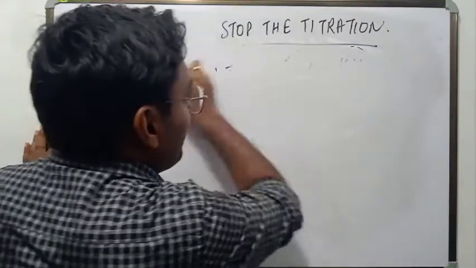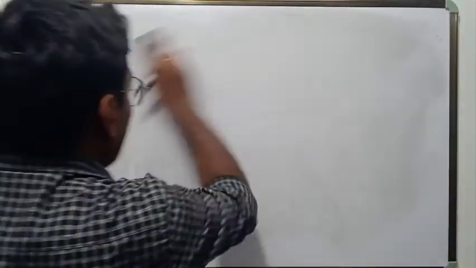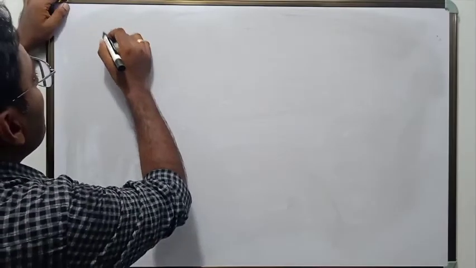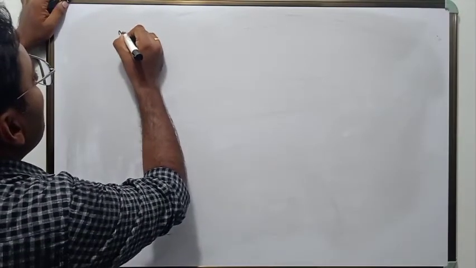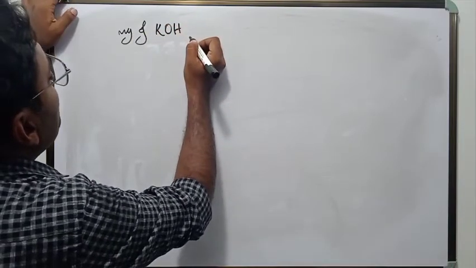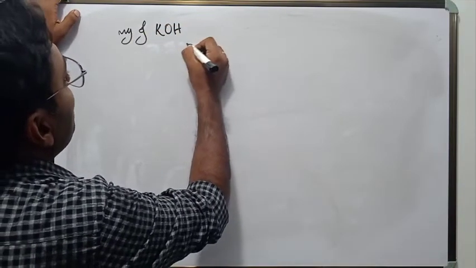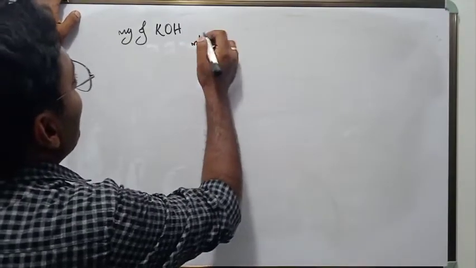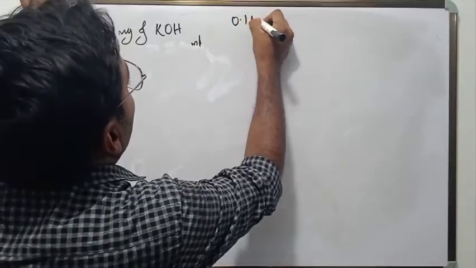Okay. Now to put it in the equation, you need to know one more thing. See, acid value is in milligram of KOH, right? And we have used what? We have used liquid KOH, ml of KOH, right? So today we have used 0.1 molar KOH.